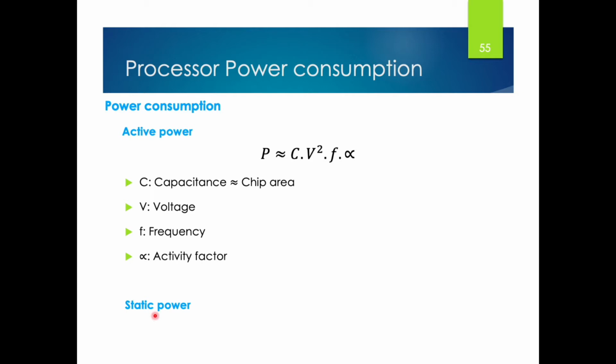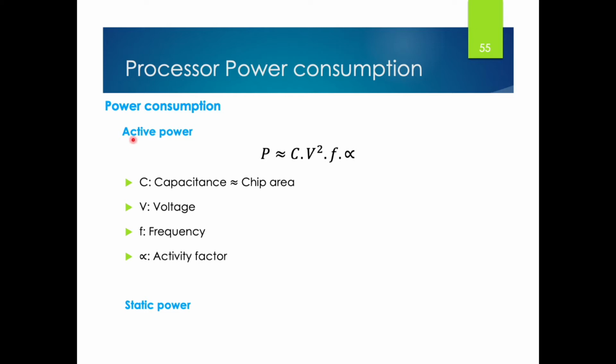This static power is mainly determined by the type of transistors and process technologies. The reduction of static power requires improvements of the low-level system designs. It is not the focus of this chapter.